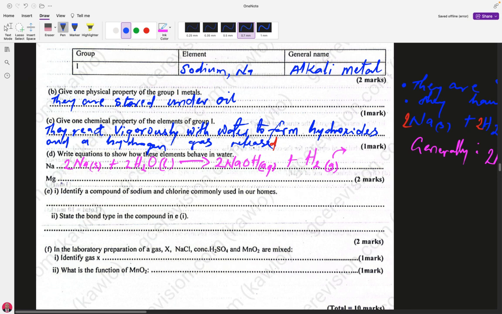For magnesium, we write Mg, which is a solid, plus water. That is for magnesium plus water. This is supposed to be the water with magnesium.